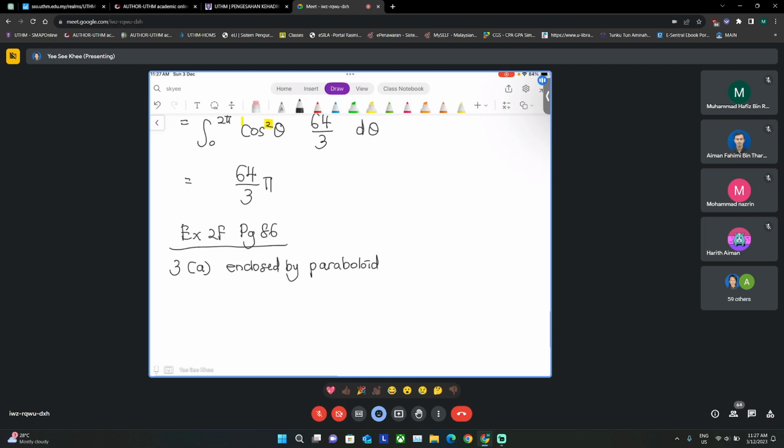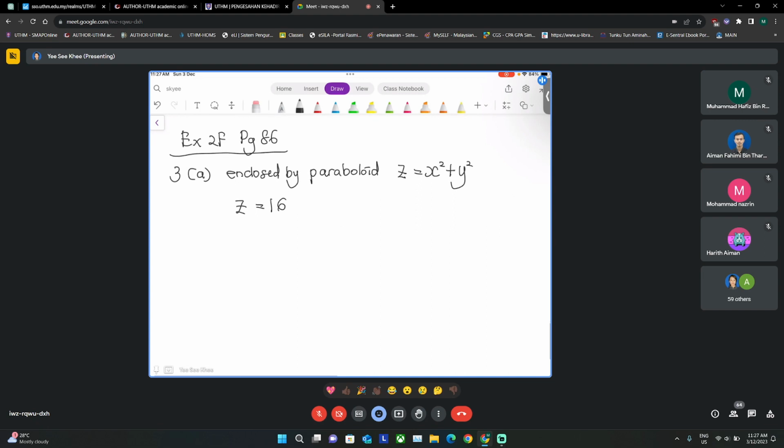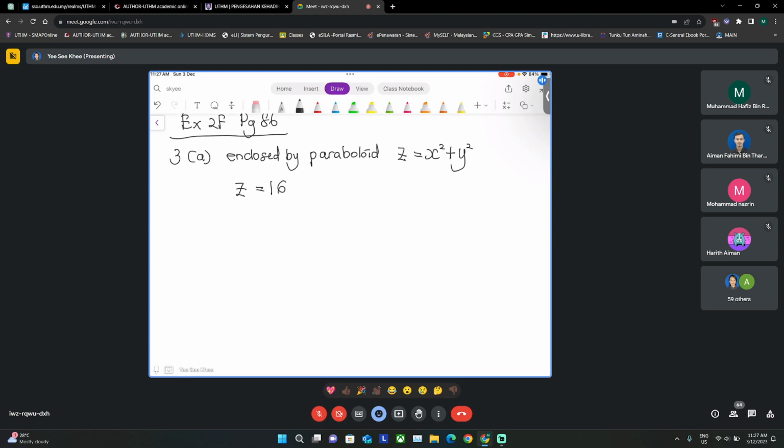They already tell us it is a paraboloid, and the equation is z equals x squared plus y squared, and also the plane z equals 16. So how to draw this paraboloid? You don't need to assume many level curves. You know the shape of the paraboloid already, but you want to know whether it is in this shape or upside down.